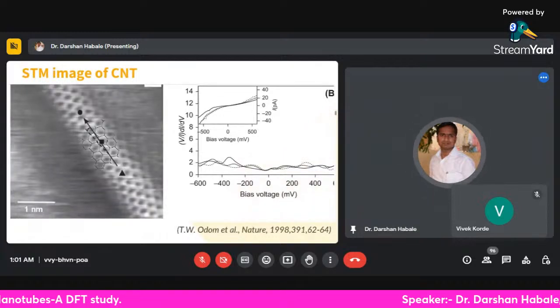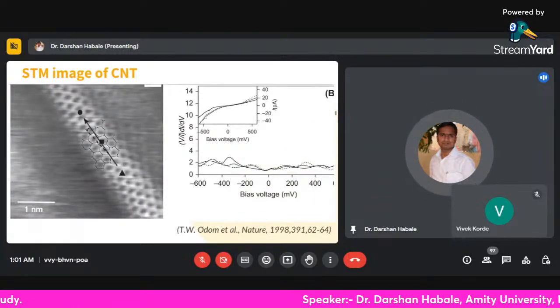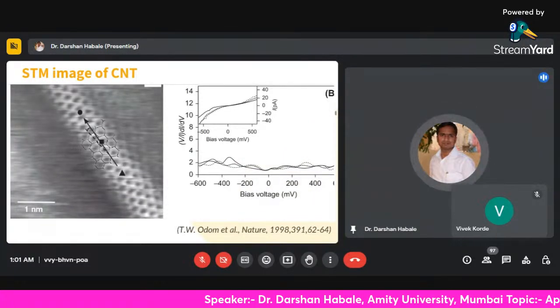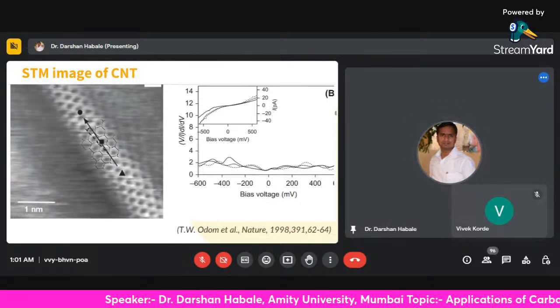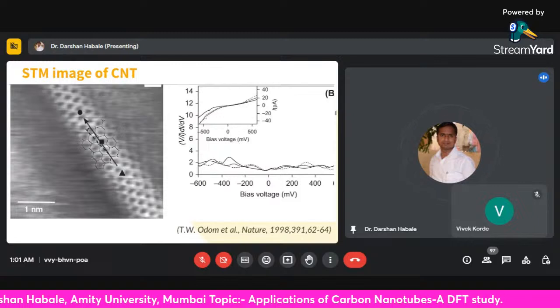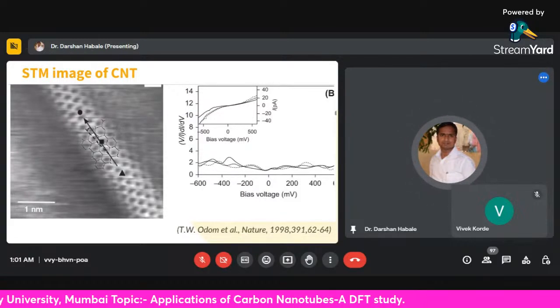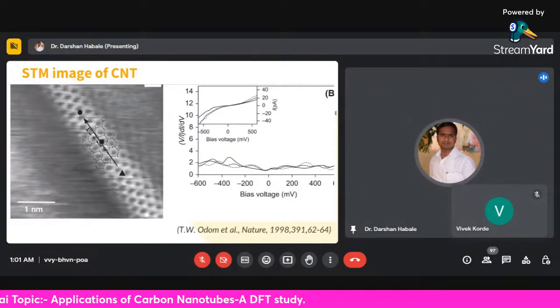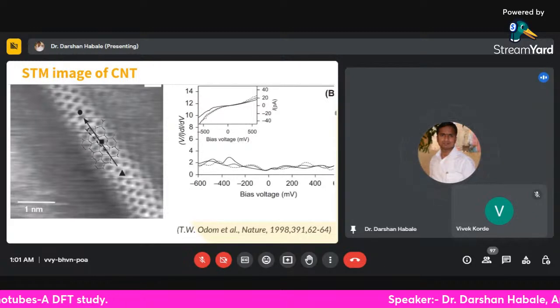This is the STM image observed and published in 1998. Here you can clearly see the honeycomb lattice structure wrapped in a tubular form. So that is the image of a carbon nanotube.